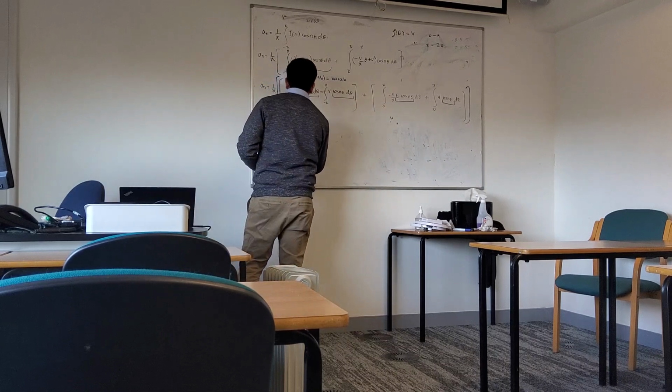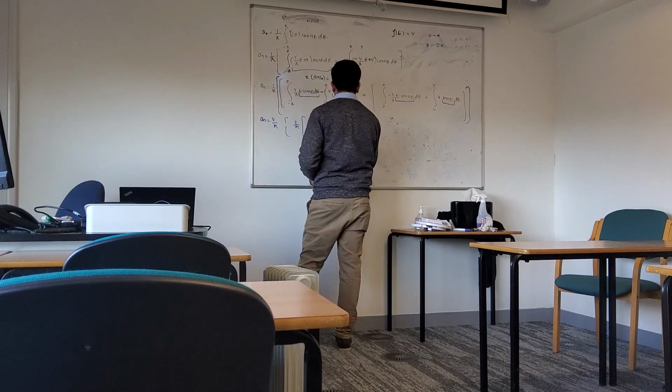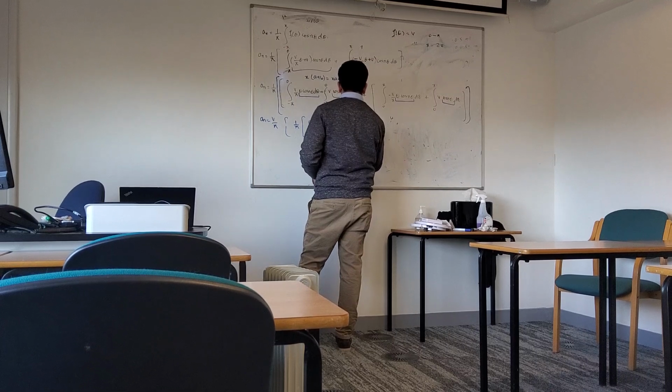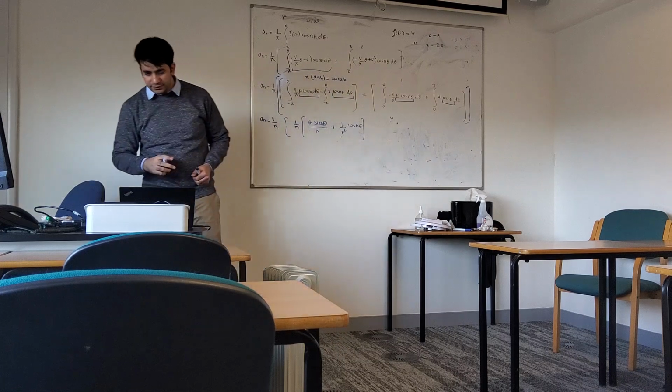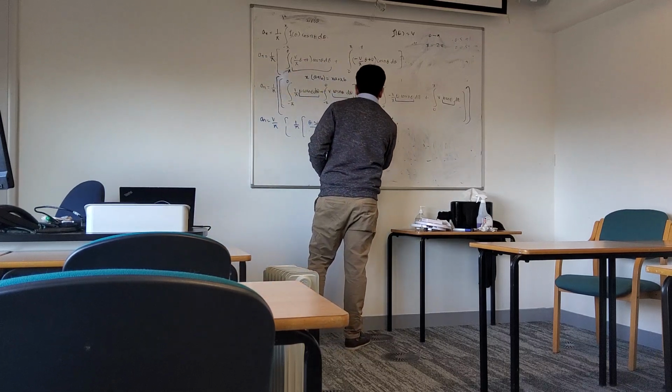So this is 1 by pi, and inside this was theta sine of n theta divided by n plus 1 by n square cos of n theta. Yes, and here we have limit minus pi to 0.